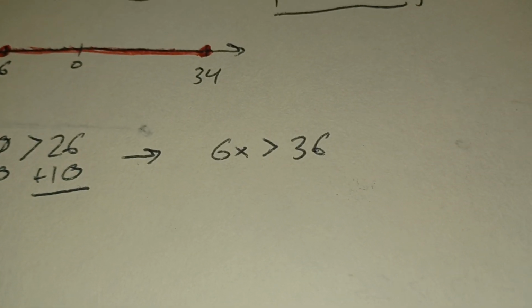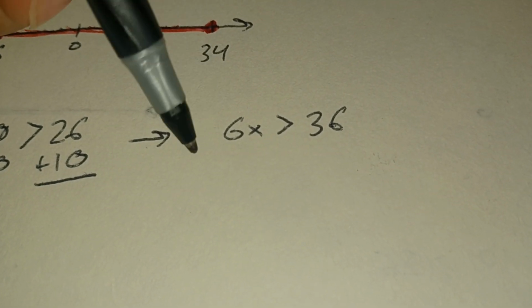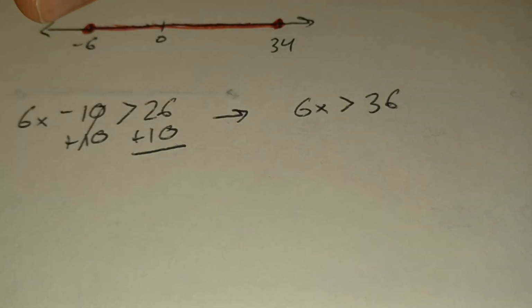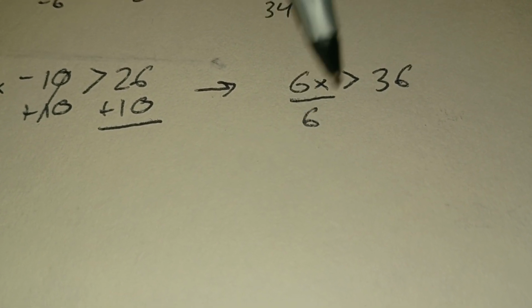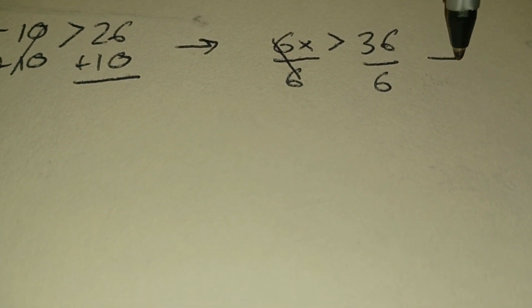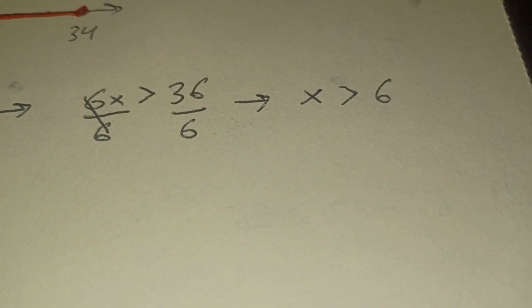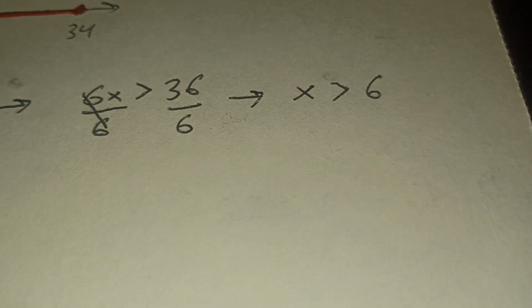So 6x is greater than 36. Divide by 6 because you want to leave x by itself. And now we have x is greater than 36 divided by 6, which is 6. x is greater than 6.